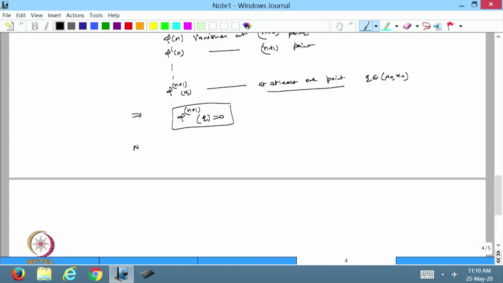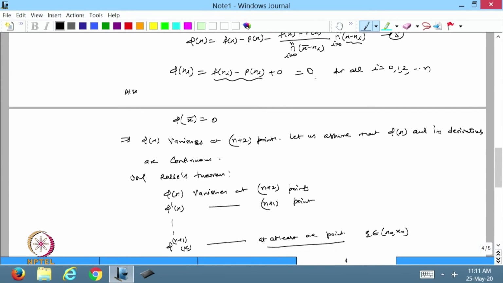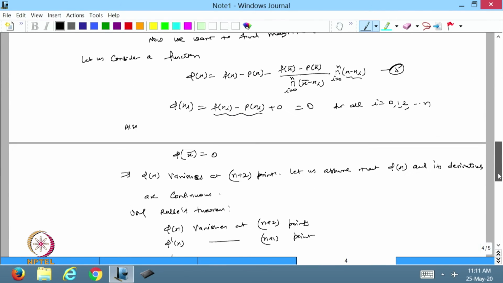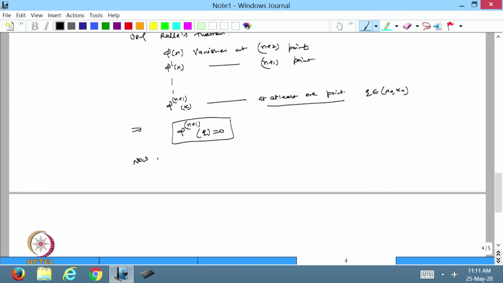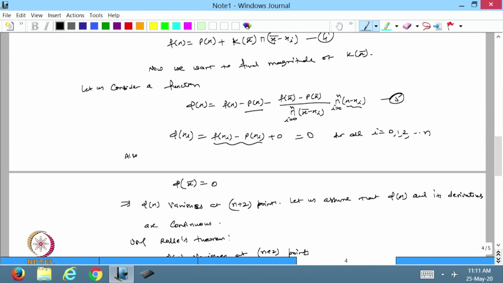Now we have the equation in phi, equation number 5. So now we take n+1 derivatives of equation number 5. When I take the (n+1)th derivative of equation number 5, I know that this polynomial is of degree n, so its value will be 0.